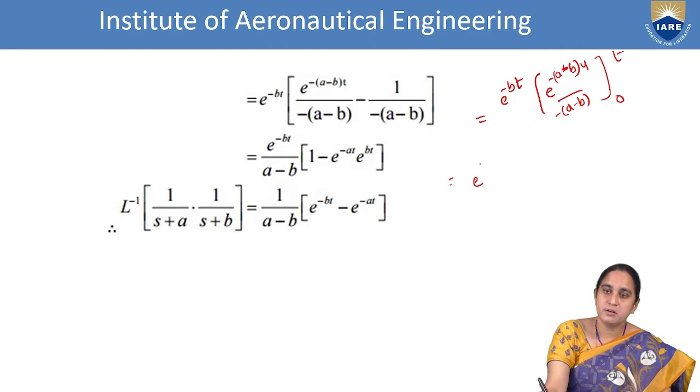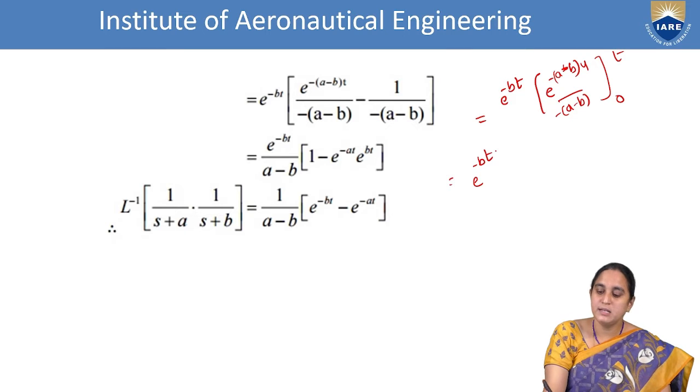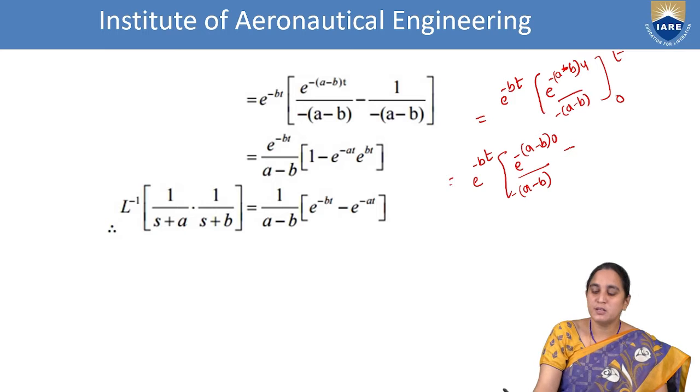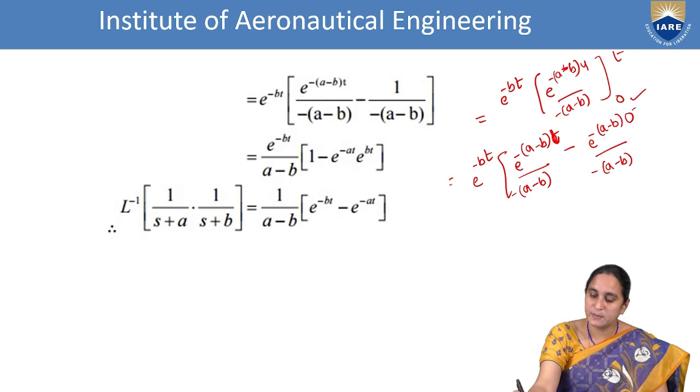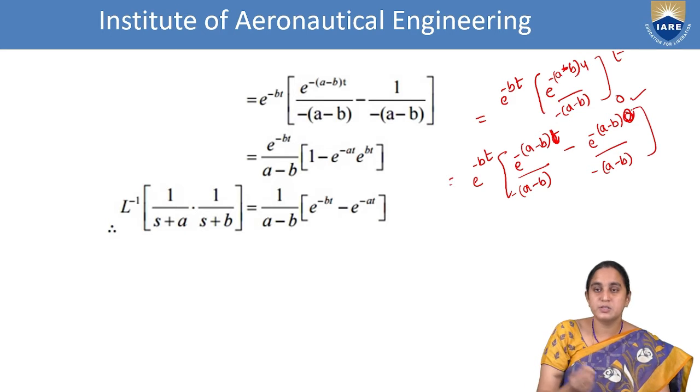That is e power of minus bt into e power minus of a minus b of 0 by minus of a minus b, minus, in place of t, what is the lower limit here? 0. Therefore, e power minus of a minus b into t and here 0 by minus of a minus b. This is in power 0.